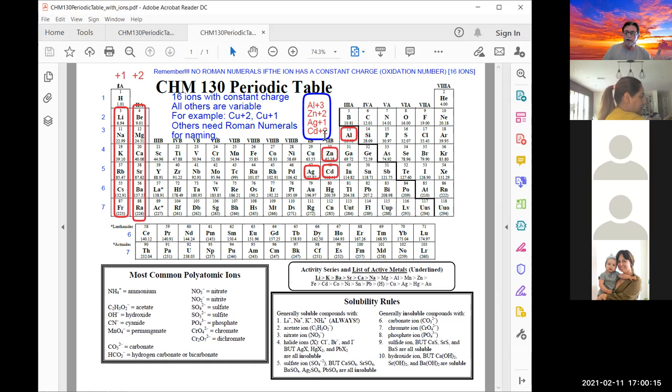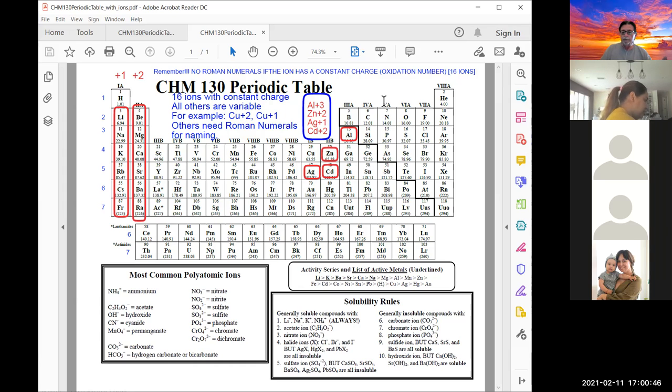Cadmium, or Cd, will always have a +2. So there are 16 metal elements, out of 118 elements, whose charge you would know 100% of the time when they become ions. All the other metals vary in charge, and it's difficult to determine what they would be unless you're given more information.